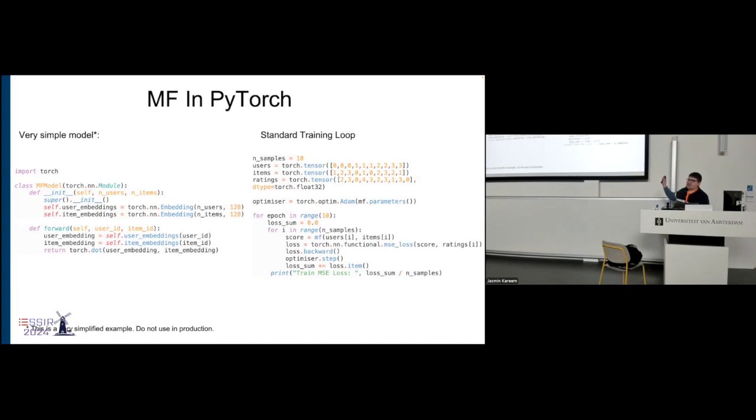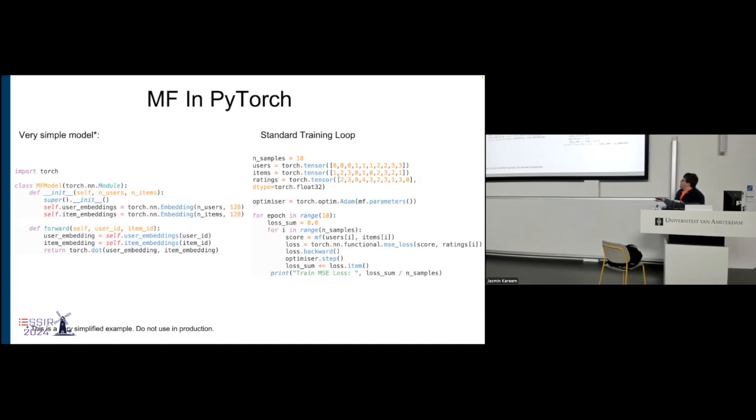So obviously this is a very simplified version. If you ever want to actually implement matrix factorization in production, you probably will use something more advanced than, let's say, MSE loss, because you probably want some regularization, you want to add batching, you want to add multiple things, but it is matrix factorization in the simplest way.